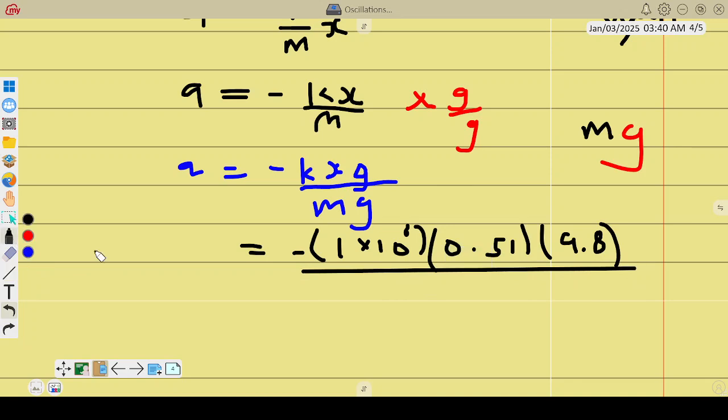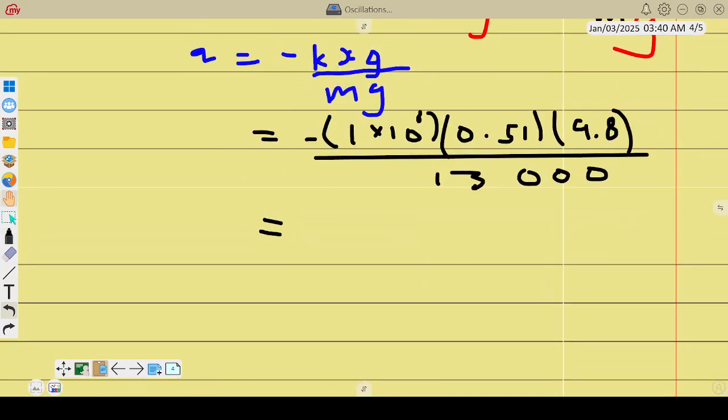Okay, so we know mg is the force, which is 13,000. So you can now punch in the values. What are you getting? It should be around 380, negative that.